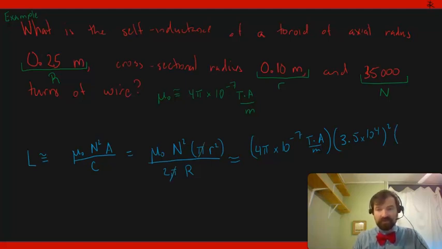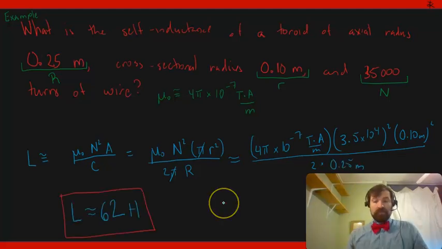That would be this little r, or 0.10 meters, and square it, and then divide by 2 times the 0.25 meters. When you plug all that into your calculator, you get about 61.575, so we would maybe round that to two significant figures and get about 62 henries.